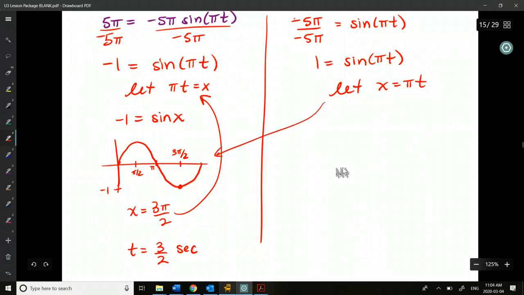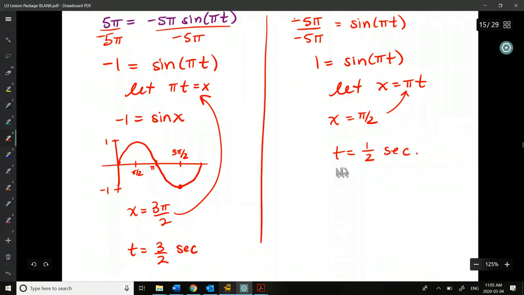Looking at the graph over here, where is sine equal to positive 1? Pi over 2, and then we sub back into the let statement. So if x equals pi over 2, we divide out the pi, we get 1/2 seconds. So these are where our first maximums and minimums are happening.